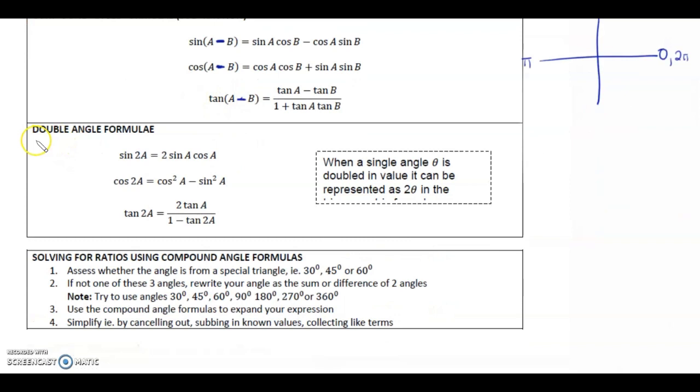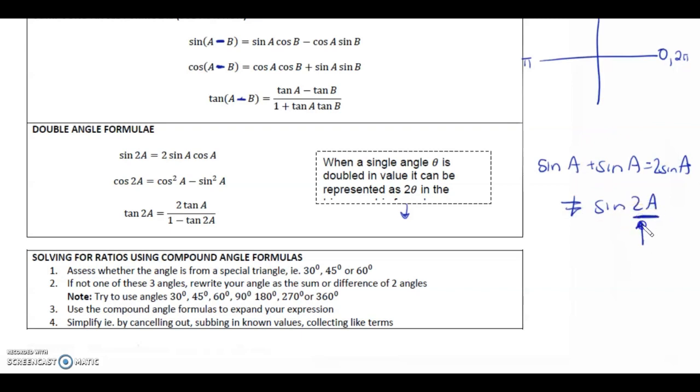And then we also have something called the double angle formula, okay? It's so important, I want to stress this. I want to stress that sine A plus sine A equals 2 sine A. It does not equal sine of 2A.